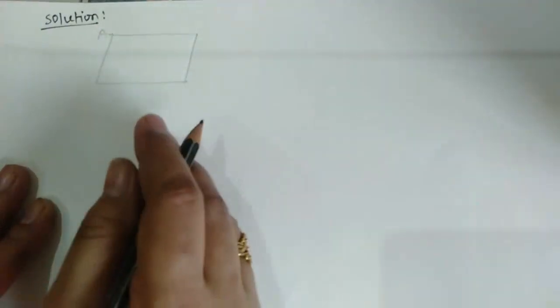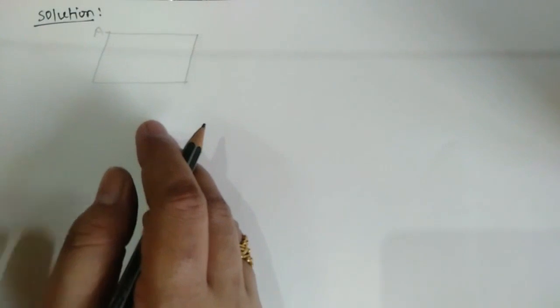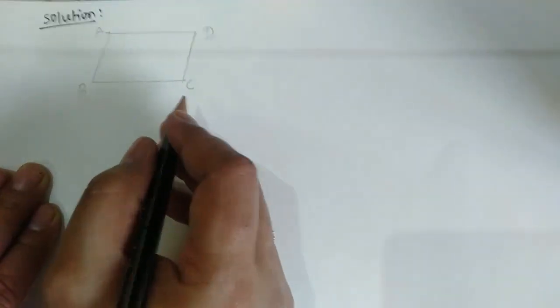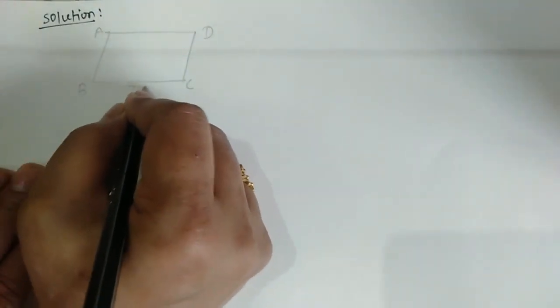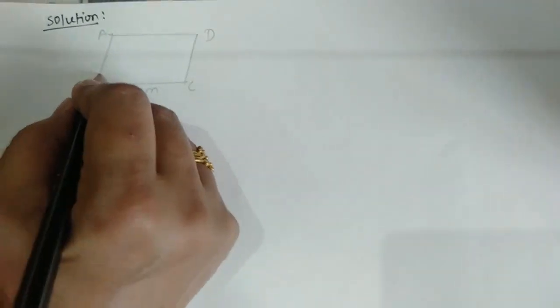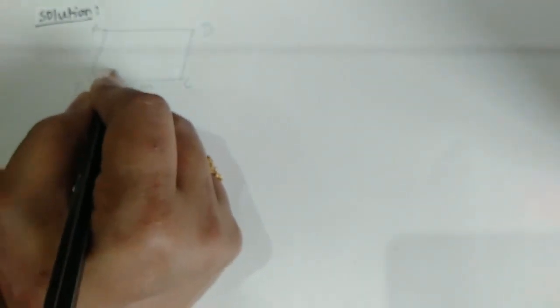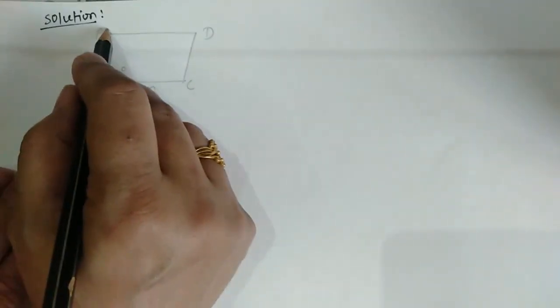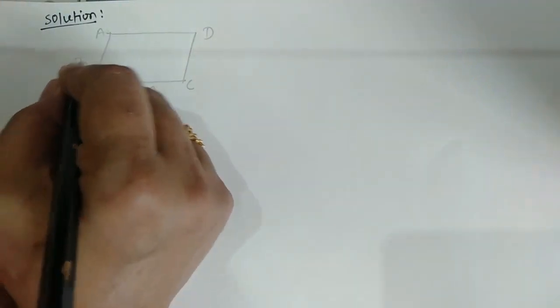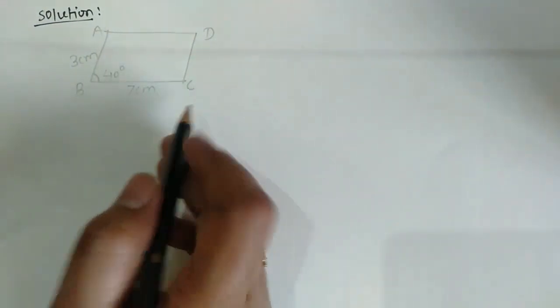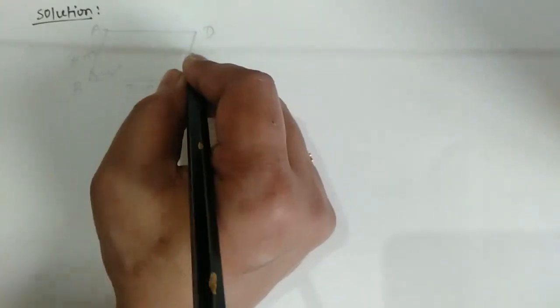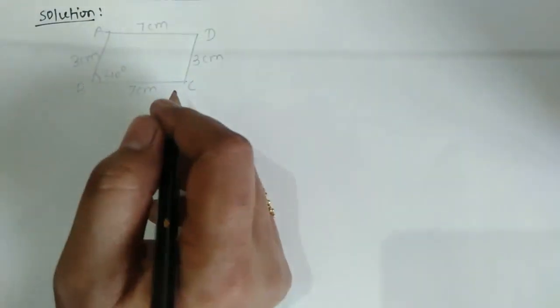Give the labels and measurements according to the question: A, B, C, D. So BC is 7 cm, measurement of angle B is 40 degrees and length of AB is equal to 3 cm. Now we know that opposite sides are congruent. So side DC is 3 cm, side AD is 7 cm.